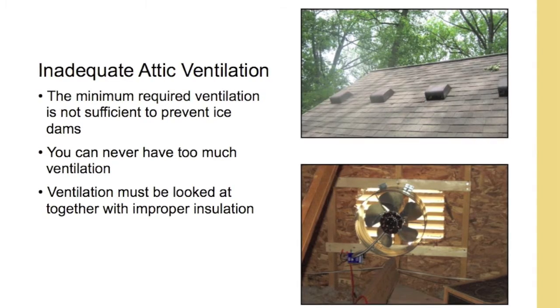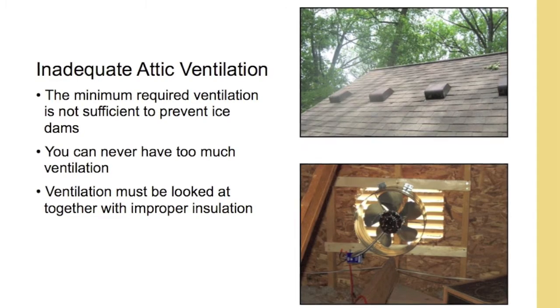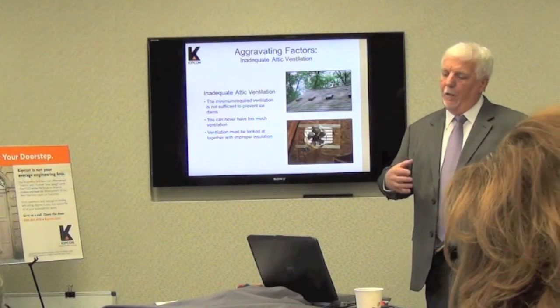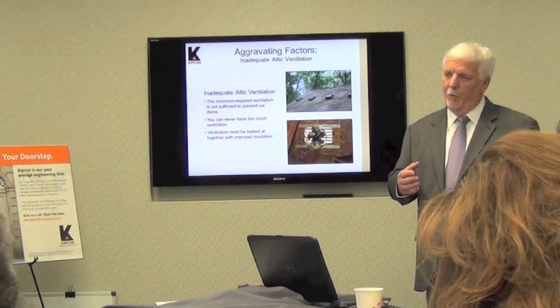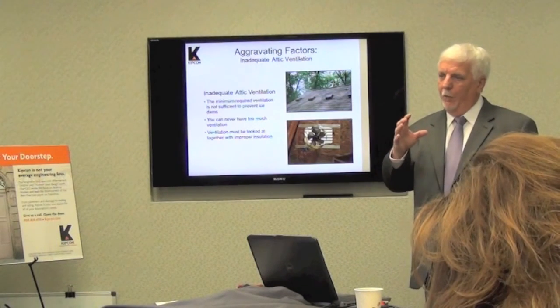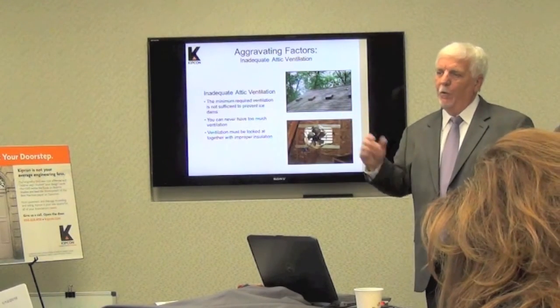As far as preventing and minimizing ice damming, you can't ever have too much ventilation. The ideal situation would be to have an attic space whose temperature is the same as the outside, and you would get no snow melt and therefore no ice dams.